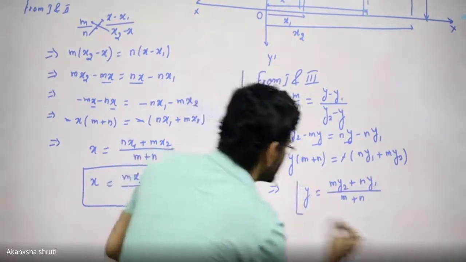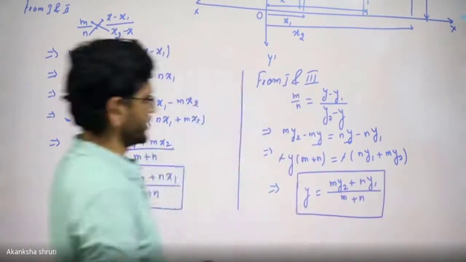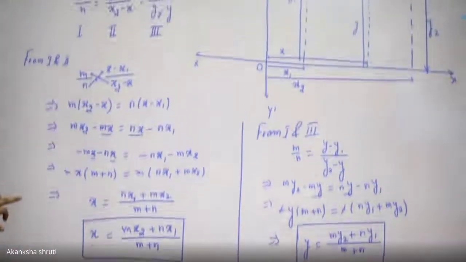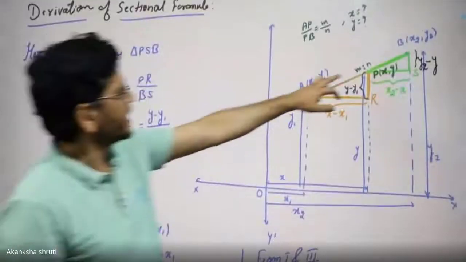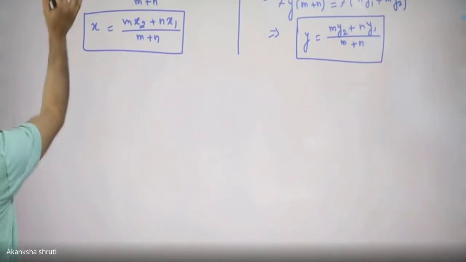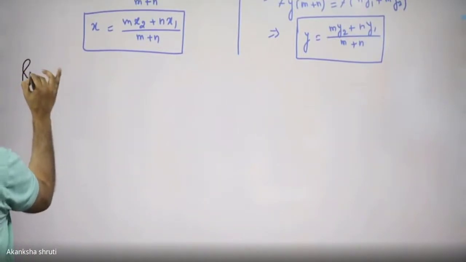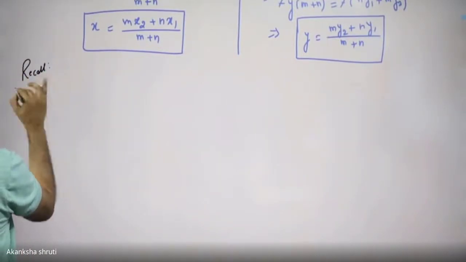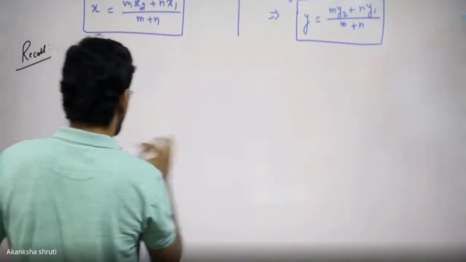Okay, it is the y coordinate. This way the x coordinate and y coordinate are determined. So again, recall what we have to keep in mind, students.